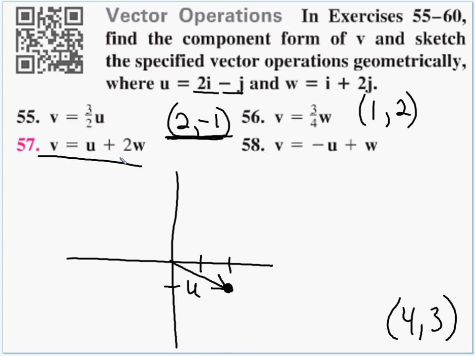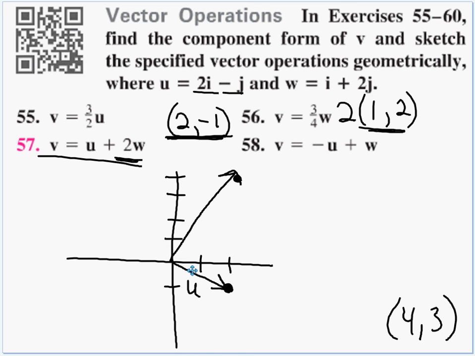What are we doing here? 2w. Here was w, so if we distribute a 2 here, that'll be 2 comma 4. So over 2, up 4. So here they are as separate vectors.